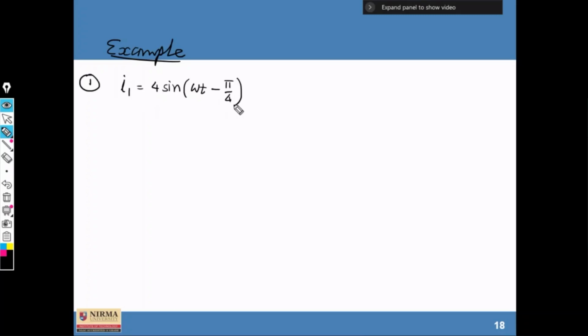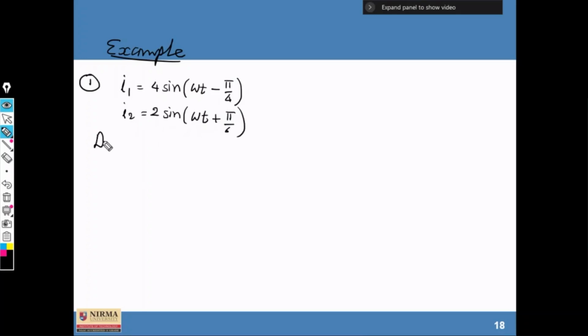Pi by 4 is 45 degree, and I2 is equal to 2 sine omega t plus pi by 6. So pi by 6 is 30 degree.